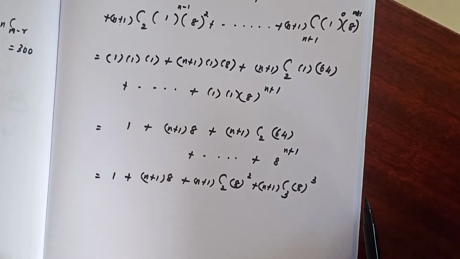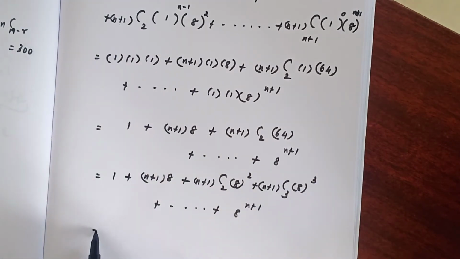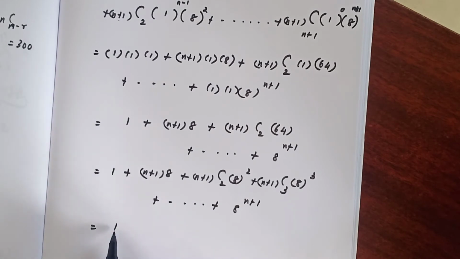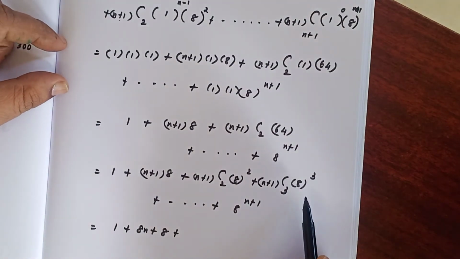Next one 8 power 4, 8 power 5 is going on. The last one is 8 power n plus 1. Now write this one as it is. 8 into n, 8n. 8 ones are 8. Here write 8 square. Here 8 cube.